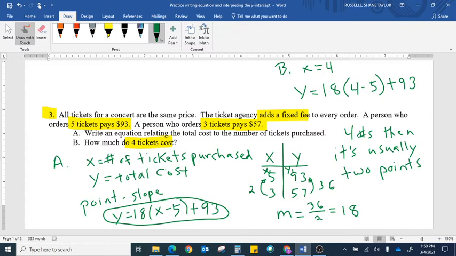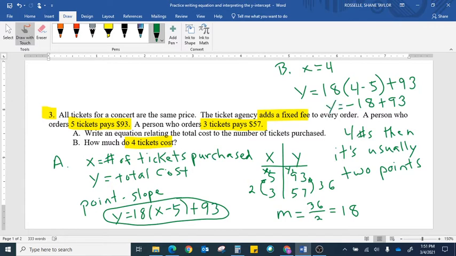Negative 1 in parentheses means negative 1 times 18, and negative 1 times 18 is negative 18. And we're going to say plus 93. And that's what Y is going to equal.